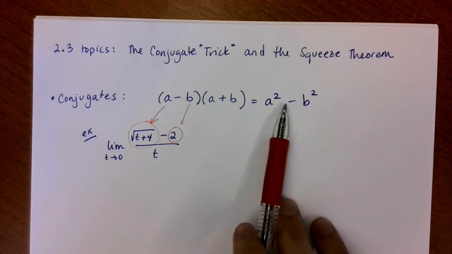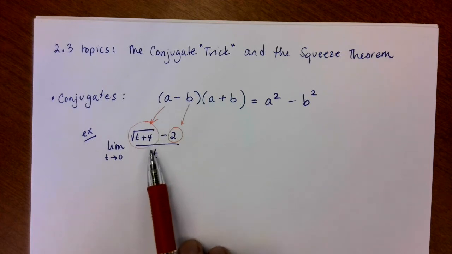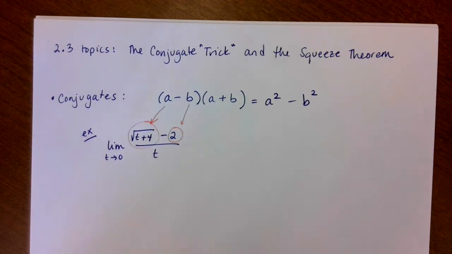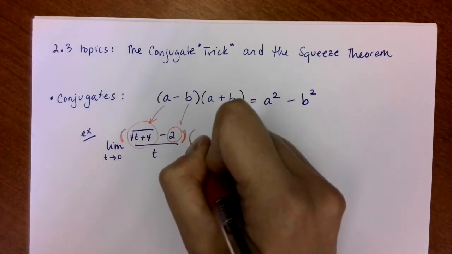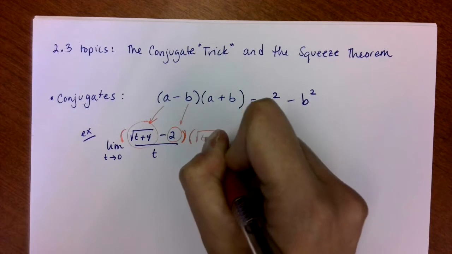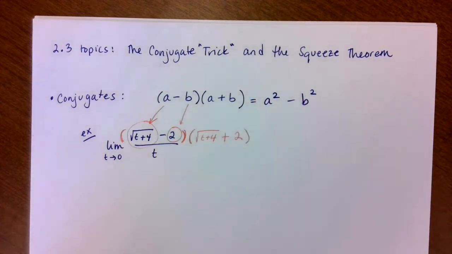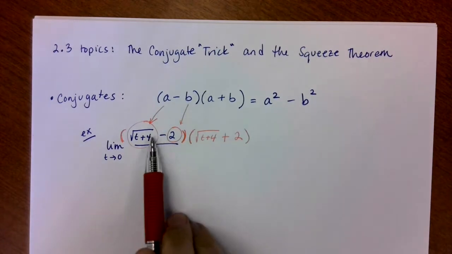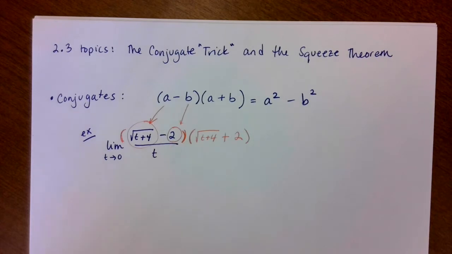The magic here is that you get the a squared, you're squaring the root, so they cancel out. It essentially gets rid of the square root that was causing all the trouble. So we're going to throw parentheses around here because we want to multiply it by its conjugate: same first term, same second term, and just a plus between them instead of a minus. It's just this sign that changes between the terms, not anything else.